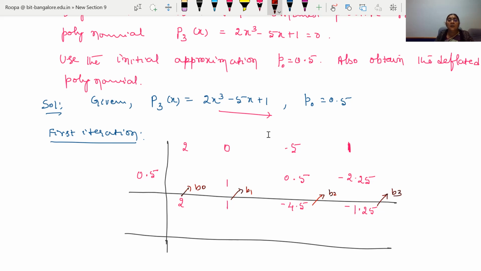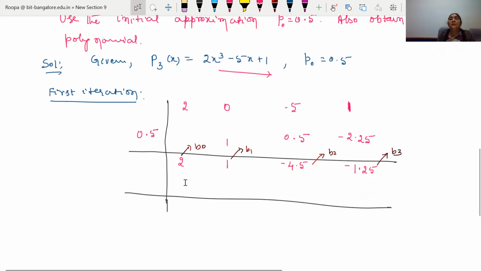Next, we want to find the C values, so we apply the same synthetic division method once again to get C naught, C1, C2, etc. 2 into 0.5 is 1. We get 2. 2 into 0.5 again we get 1. We get minus 3.5. I told you very clearly while explaining the synthetic division step: once you find B3, you find C values up to C2.